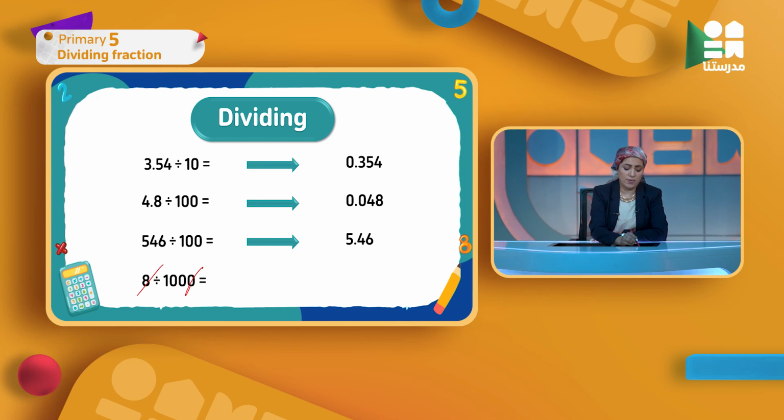I don't know what to do with them. I open 2 places for them, and then I put a decimal point. So it will be 0.008. Okay? So this is going to be my answer, and this is why I did it.